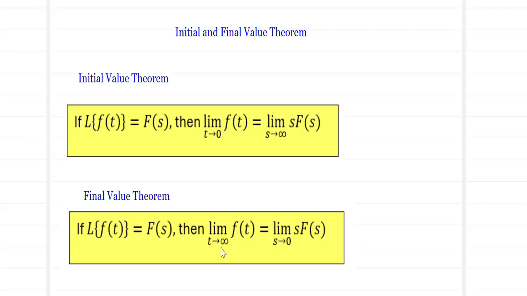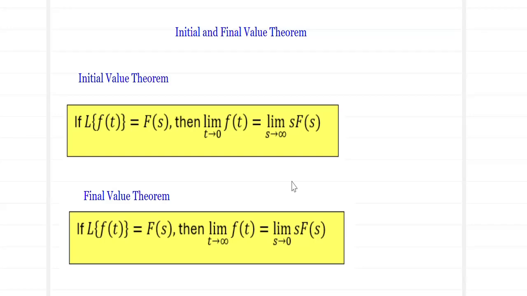If t moves to infinity, the infinity in the initial value theorem flips to s moving to 0. So keep in mind, for the initial value, t moves towards 0, and for the final value, t moves towards infinity. That is your left hand side.